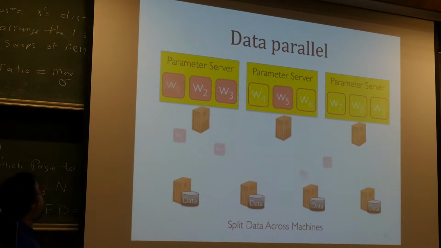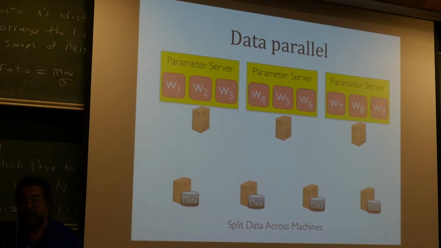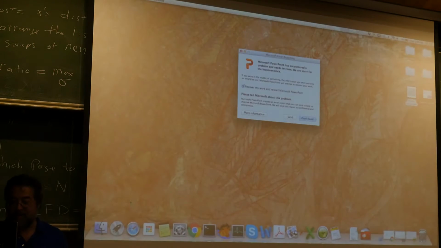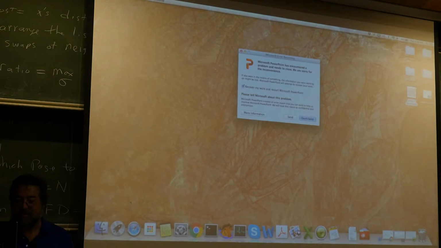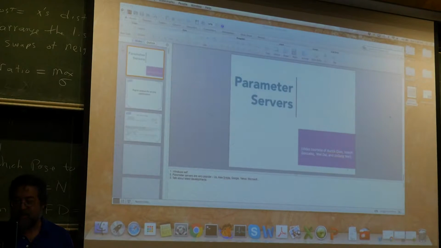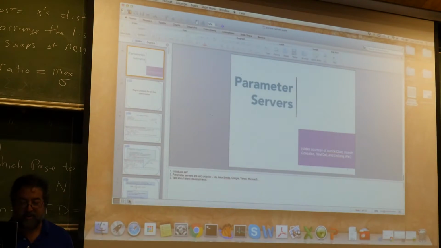Then as the workers do their computation, they request these parameters and they update these parameters, okay? And after that computation is over, the parameters will be updated in the server. So we have different parts of the model on different servers. Parameter servers are also extremely robust. Very robust platform.